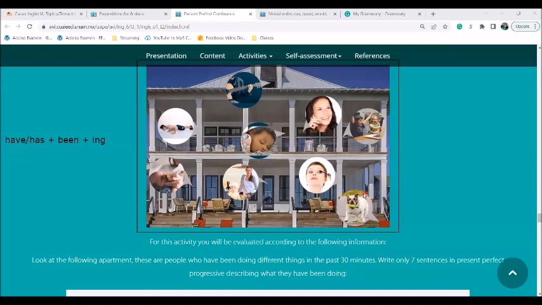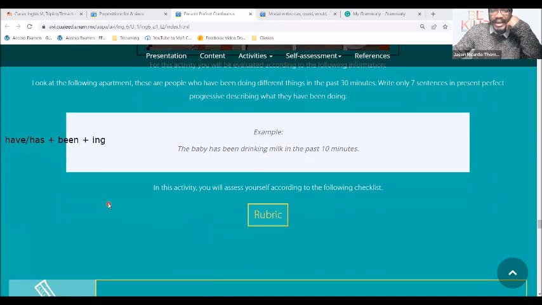The dog has... Has been, always with been. I'm not sure if he's eating it or if he's playing with it, but he has been doing something with that yellow thing in his mouth. Correct. All right. So that was the first activity that you're supposed to complete, guys.